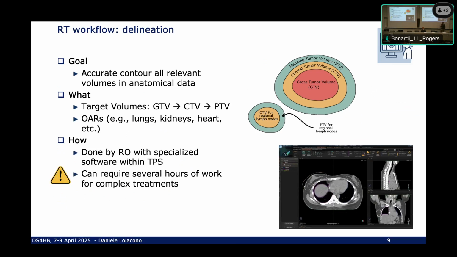And this is typically done by a radiation oncologist. And if the treatment is very complex, so the target is very complex, this activity can take several hours of work. So it's something that we definitely would like to improve using AI.